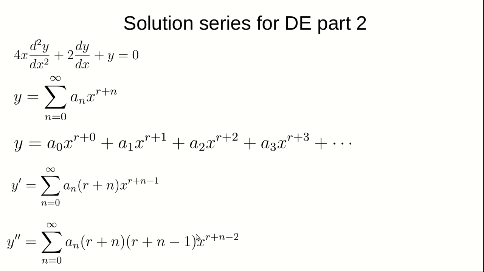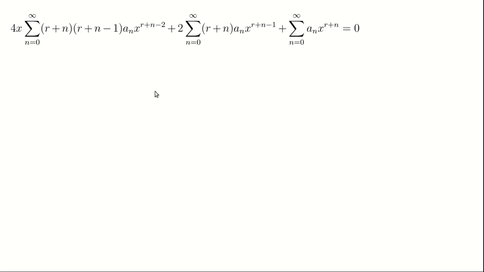With these equations, we can substitute those three expressions into this particular equation, and we have something of this form. We see the first part, which is y double prime, the second part, which is y prime, and the last part, which is just y, equal to 0.